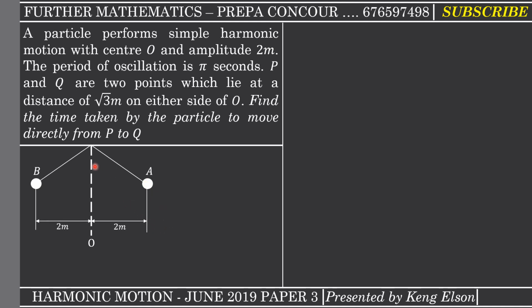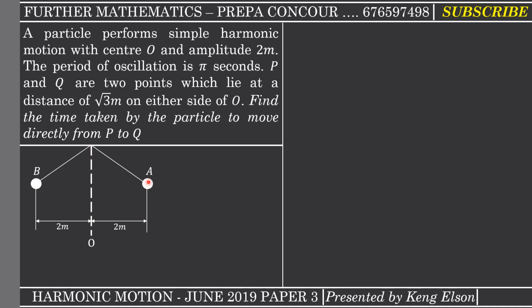So the distance from the center O to A is 2 meters, and also the distance to B is 2 meters, but the displacement from O to B is -2 because B is to the left of the center. Since we are dealing with distance, I just put 2 meters and 2 meters, but when we are analyzing, we'll talk about the displacement, where the displacement at B will be -2 because it is to the left of my center.